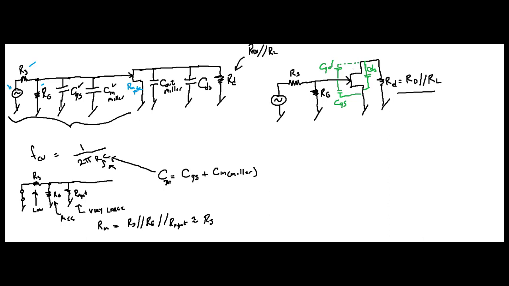Now remember, your C in Miller, this right here, is going to be equal to CGD, the gate drain, times AV plus 1, where AV is the gain of your amplifier.